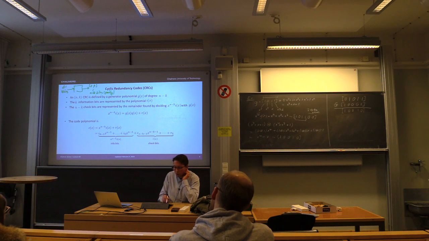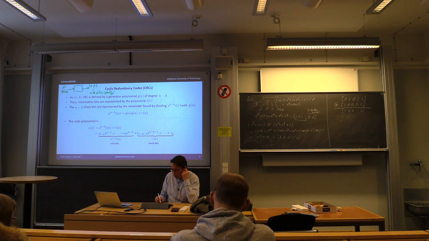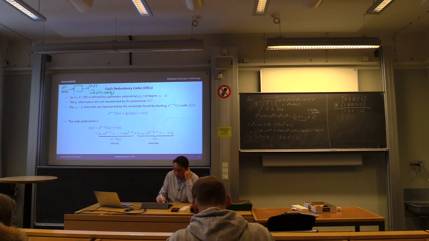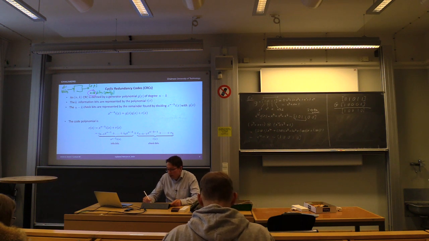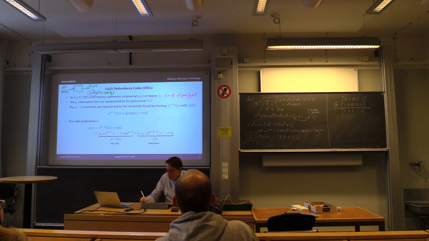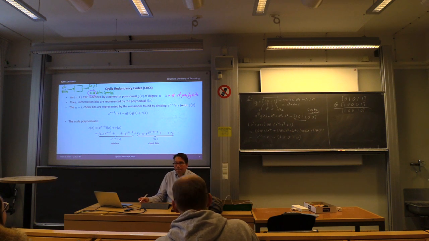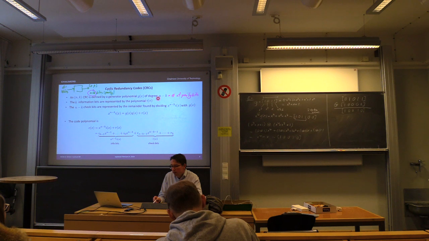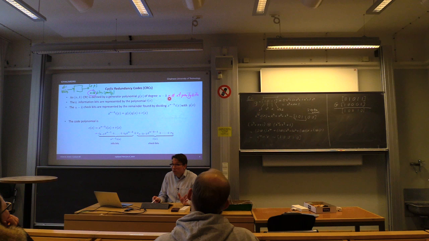Okay, so an (n,k) CRC is defined by a generator polynomial G, which has degree n minus k. Okay, so n minus k is the number of parity bits. Now, G here actually represents n minus k plus 1 bits, but that's of no consequence here.